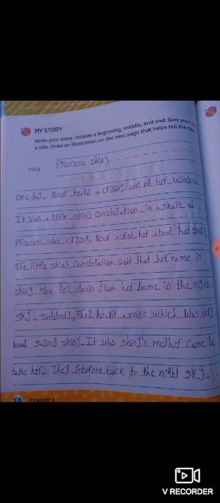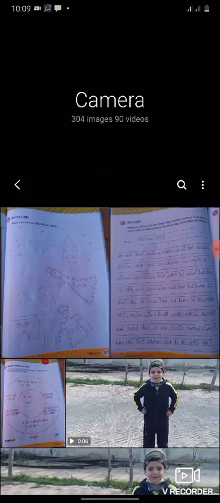And on page 107, what will we make? We will draw a picture about our story. You can draw it from your imagination, but I'll show you what I drew on this page.